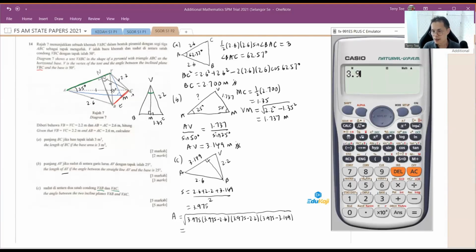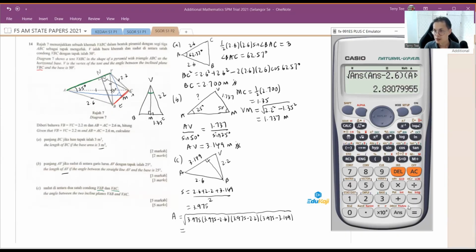One thing to cut short your working when you type in your calculator is to take this 3.975, then use the answer button: square root, answer, bracket, answer minus 2.6, then answer minus 2.2, bracket, answer minus 3.149.